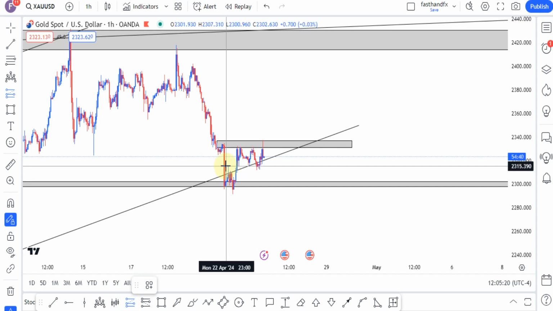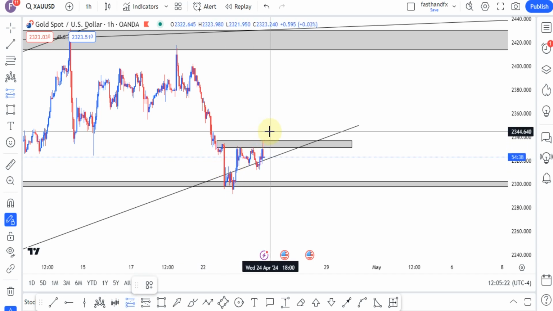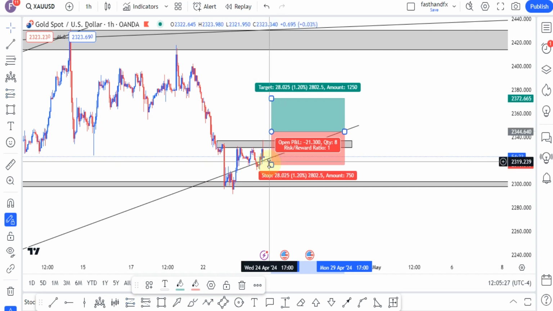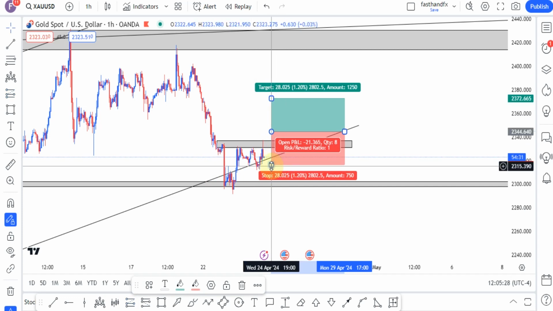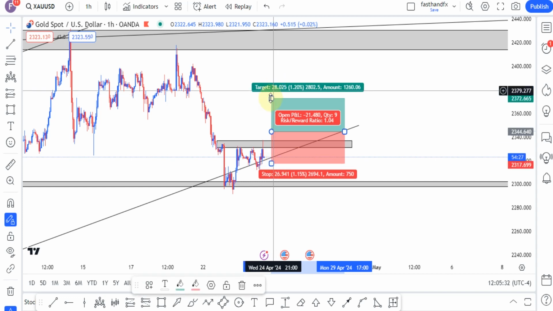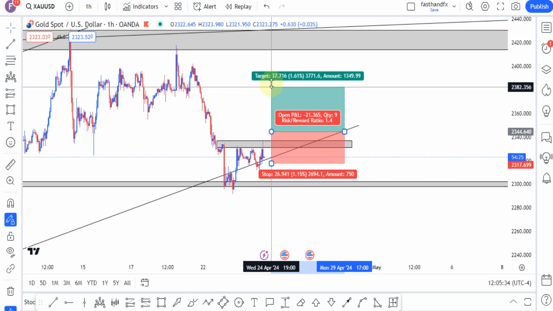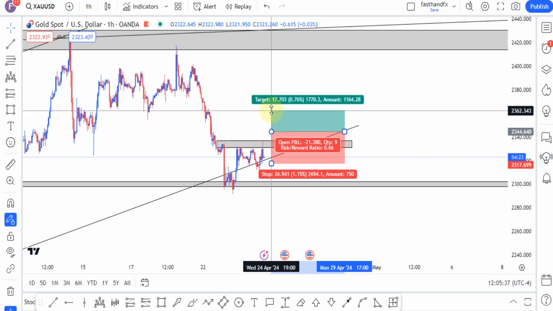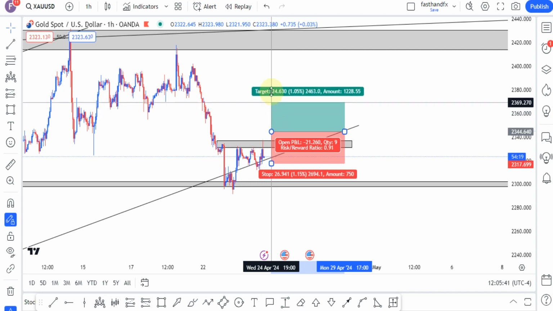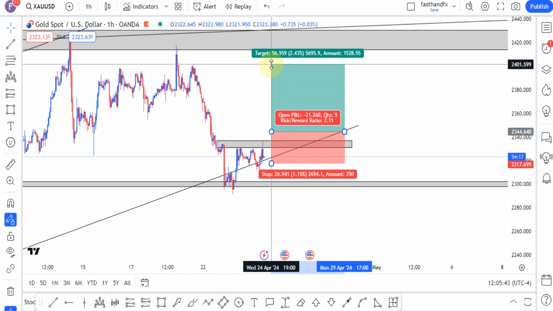Our stop loss we just put down here, then our first take profit will be maybe this one, that's around 200 pips. Then our next take profit will be here.